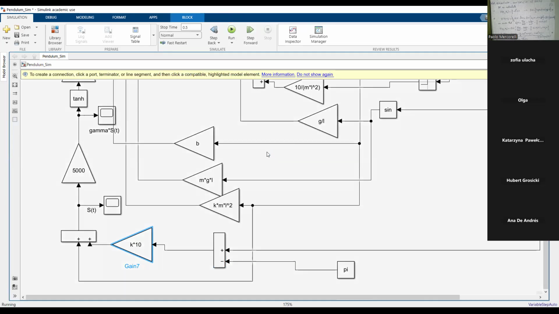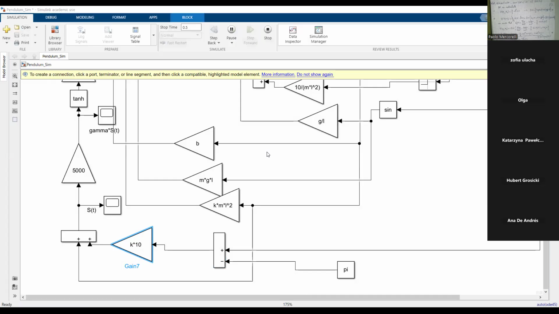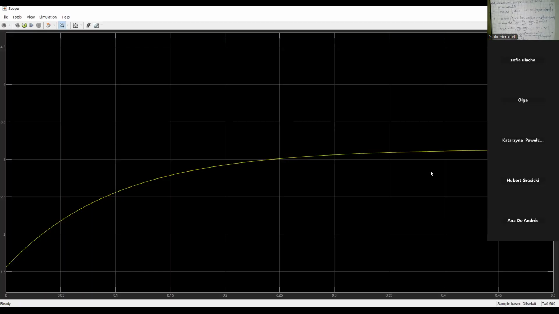Let me show you what happens. Of course, we will achieve the goal slowly, but without oscillations, I hope. Let me show. This is what I guess. Yeah, it's not yet achieved, but we will achieve it because the stability depends on eta. The stability depends on eta.